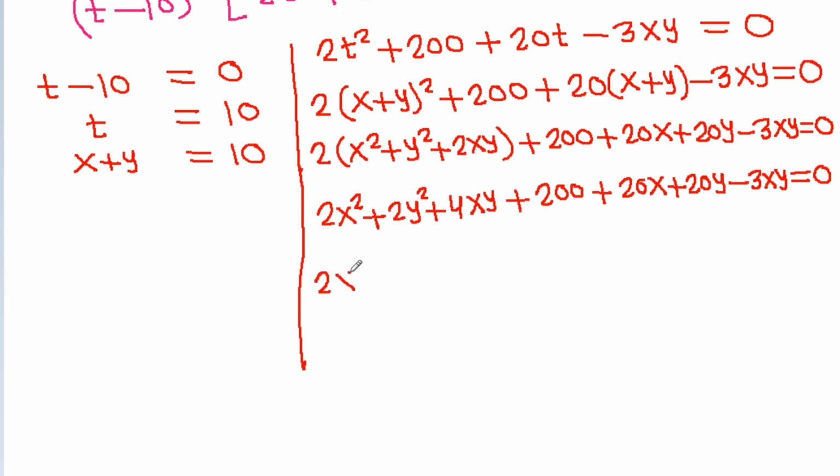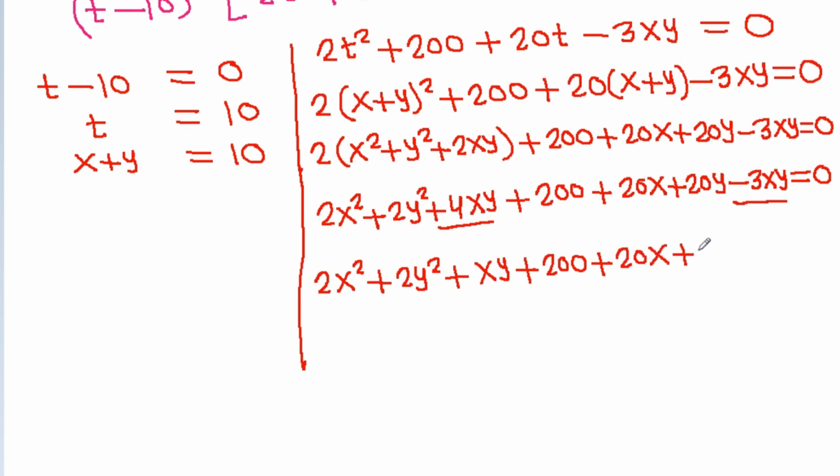And it is 2x square plus 2y square, and 4xy minus 3xy will be plus xy, plus 200 plus 20x plus 20y is equal to 0.